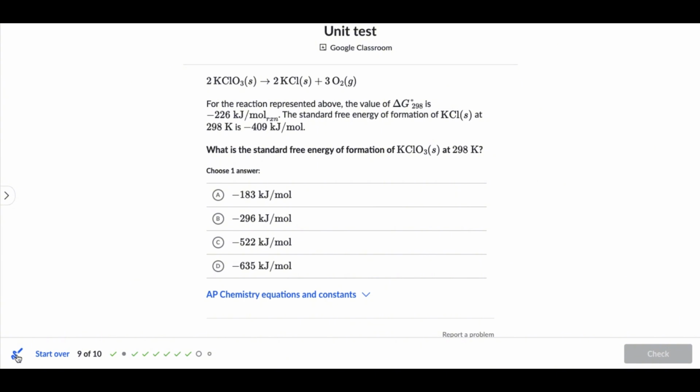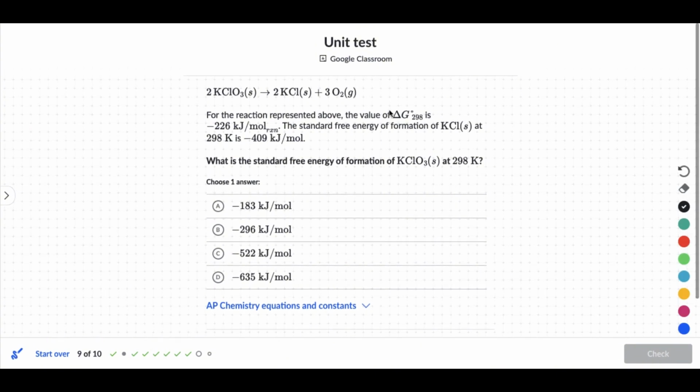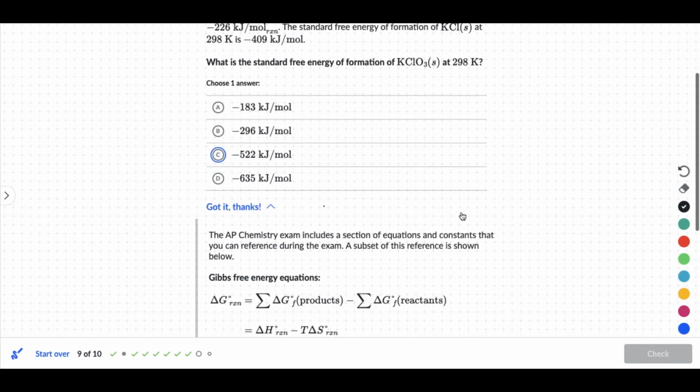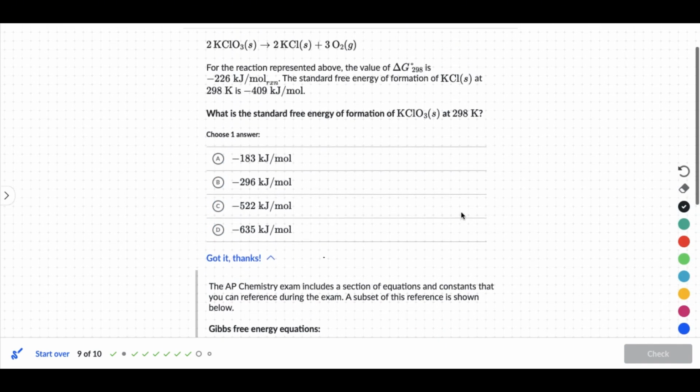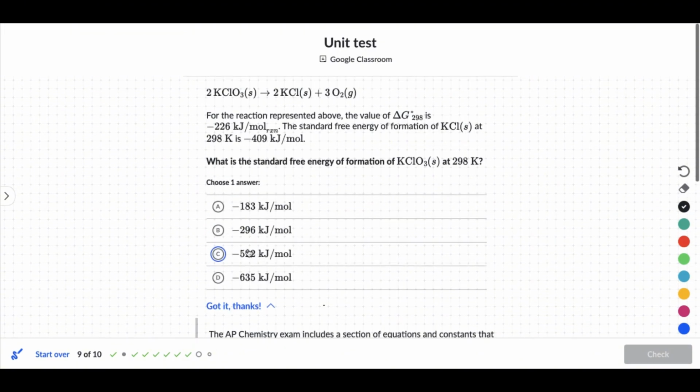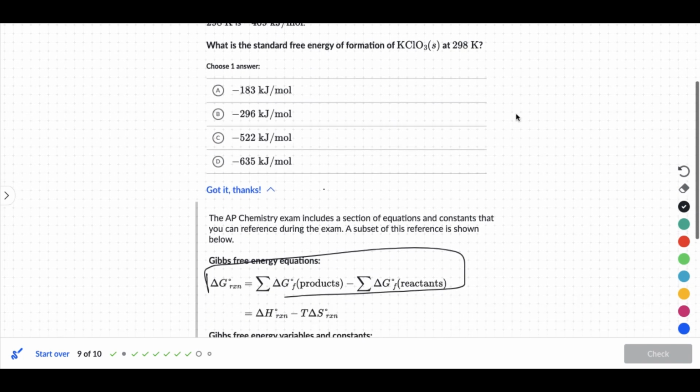Okay, next. For the reaction represented above, the value of delta G is this. The standard free energy of formation is this. What is the standard free energy of formation? Okay, so we're going to use this equation. I'm going to plug in here.